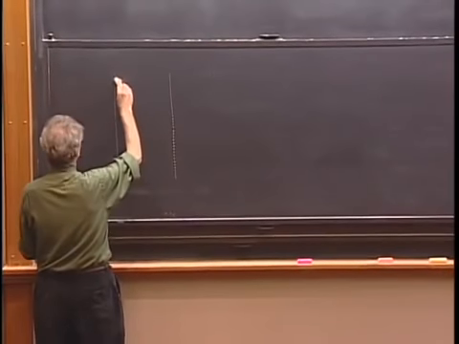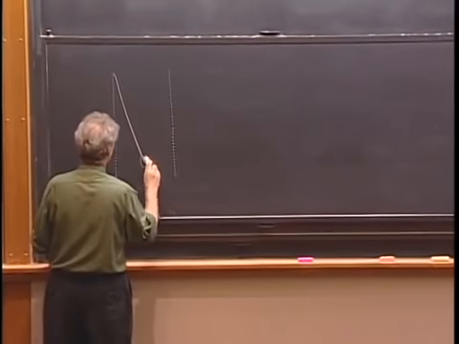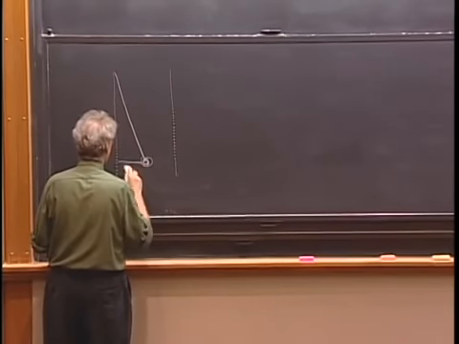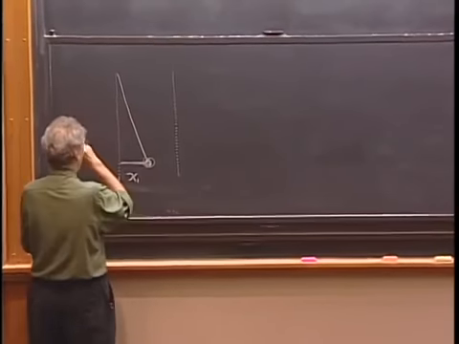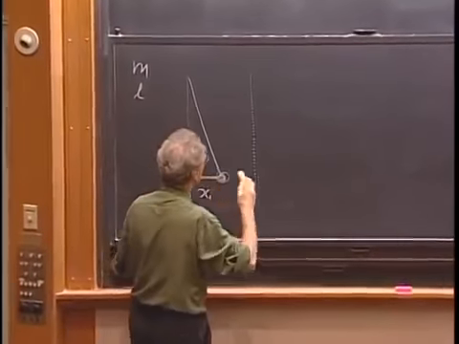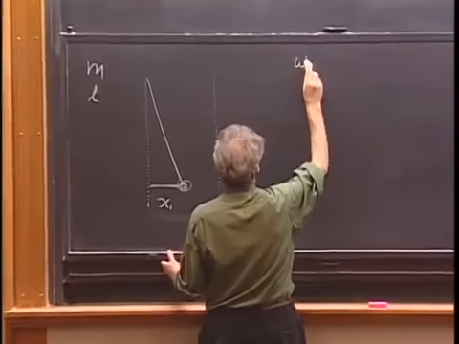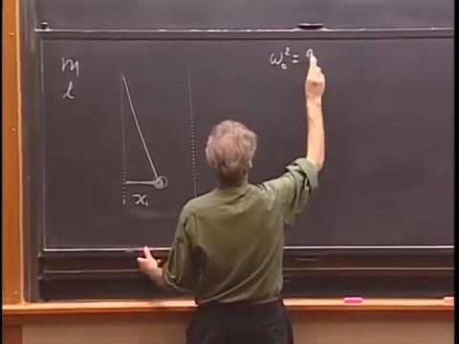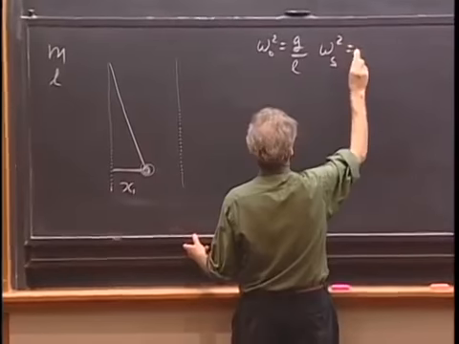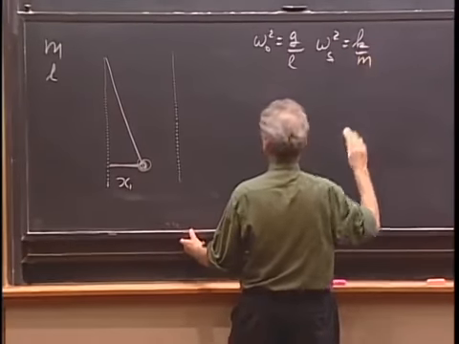Okay, if you're ready, I'm going to offset the first one over a distance x1. So they have mass m, they have length L, to remind you. And we are going to have omega 0 squared equals g over L, and omega S squared equals k over m.